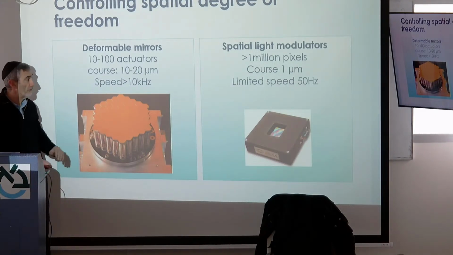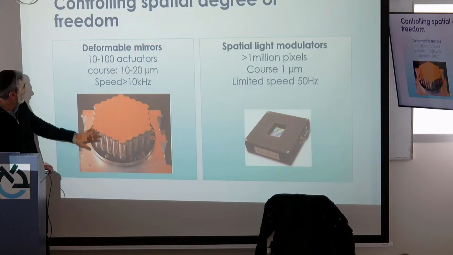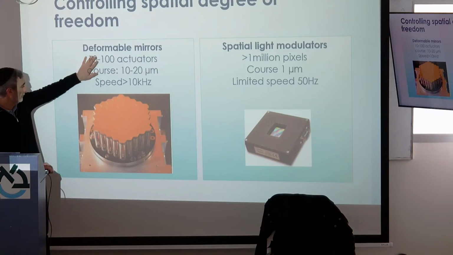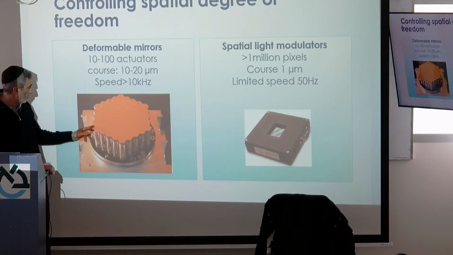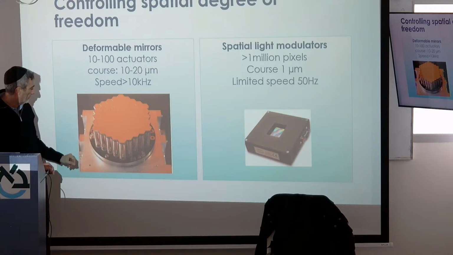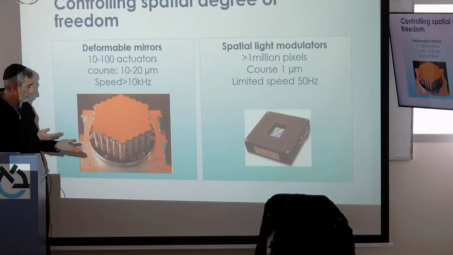So you have two types of system that give you a control on the wavefront. You can have deformable mirrors, as I showed you before. This is a small structure where each mirror is driven by a piezoelectric device that can orient differently, or in this case work like pistons.